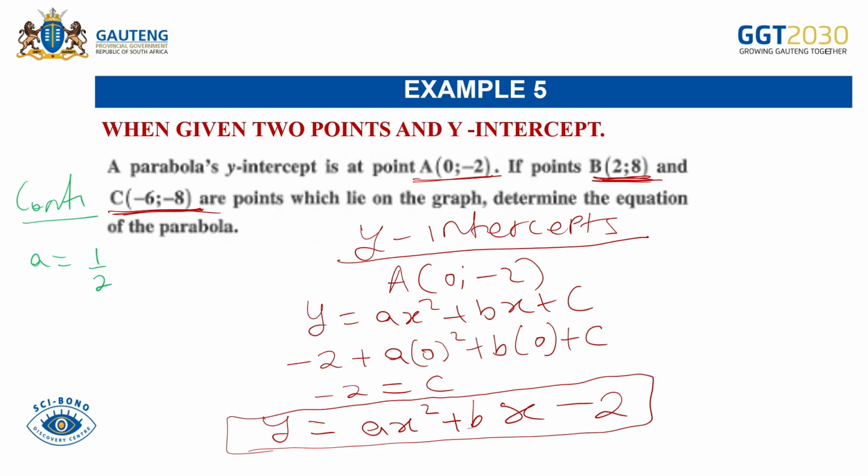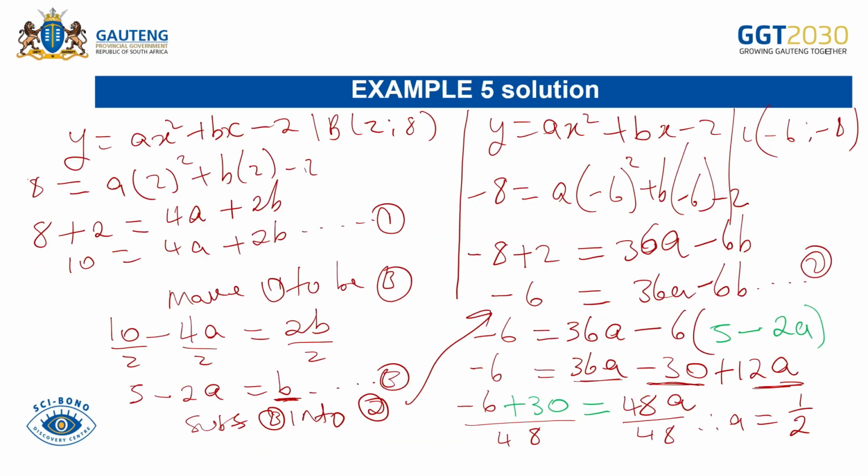Then I can take my a and substitute it in equation 1, equation 2, or even equation 3. I am going to substitute a equals 1 over 2 into equation 3. Let's go check equation 3.